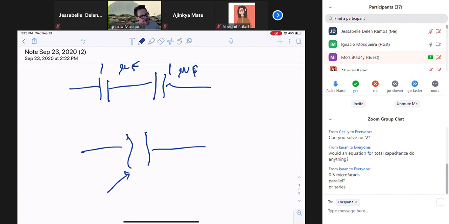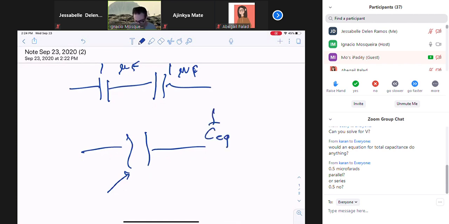So you said 0.5. Sorry, this is in series. Absolutely. So this is where the charges are the same. Okay, so you're still sticking with 0.5, right? Everybody agree? Let's make sure we got it. It would be 1 over C equivalent.